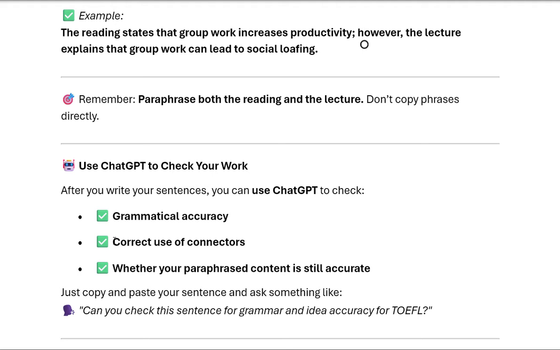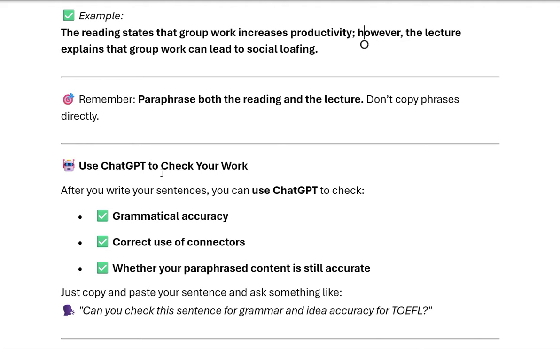So copy and paste your sentence and ask ChatGPT something like this: Can you check this sentence for grammar and idea accuracy for TOEFL? Put the two sentences that you want to combine, then put how you combined them, and see what ChatGPT says about that.